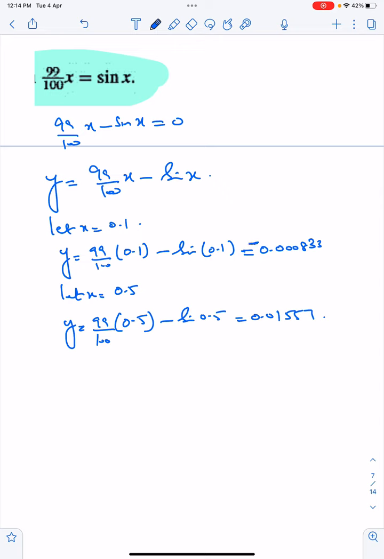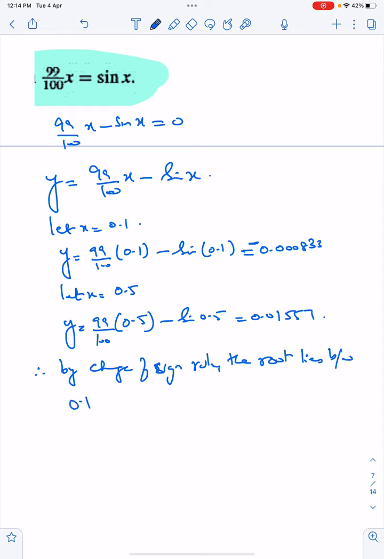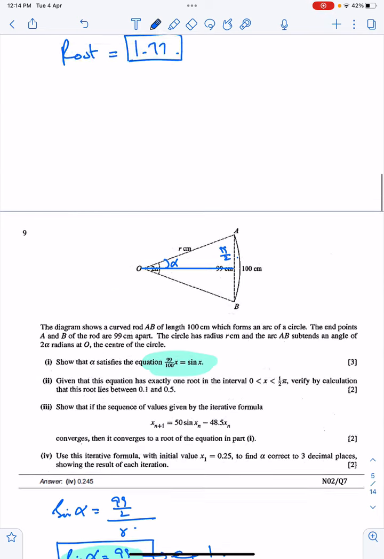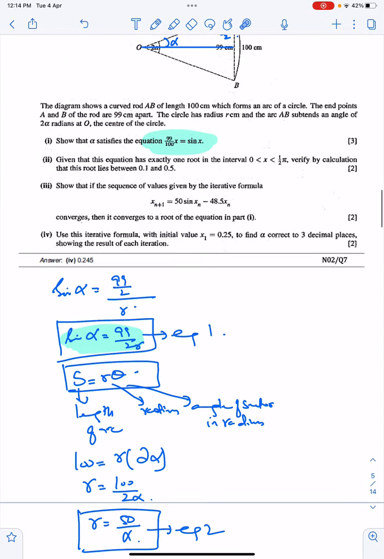Therefore, by the change of sign rule, and you have to always write down the statement, change of sign rule, the root lies between 0.1 and 0.5. Then after this you have to show that if the sequence of values given by the iterative formula converges, then it converges to the root given in part 1.